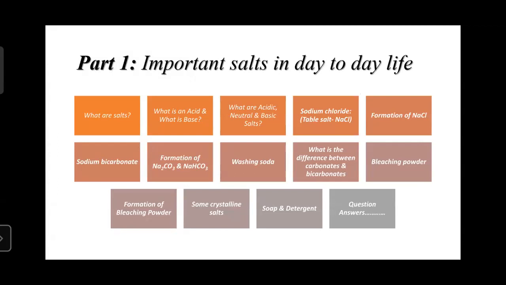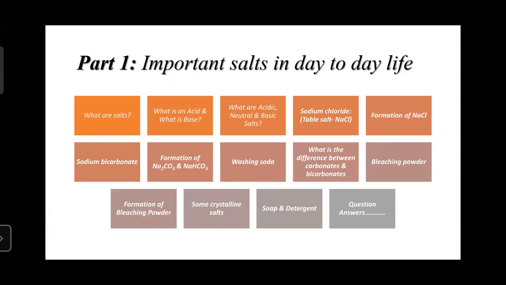Then we have seen detailed properties and uses of sodium chloride, that is table salt. Then formation of NaCl, sodium bicarbonate, formation of Na2CO3 and NaHCO3. Then we have seen washing soda, properties and uses of washing soda.